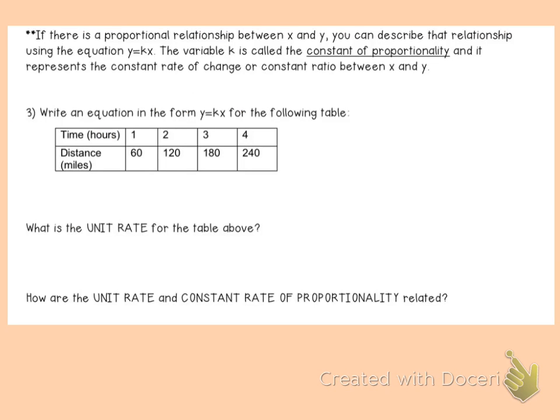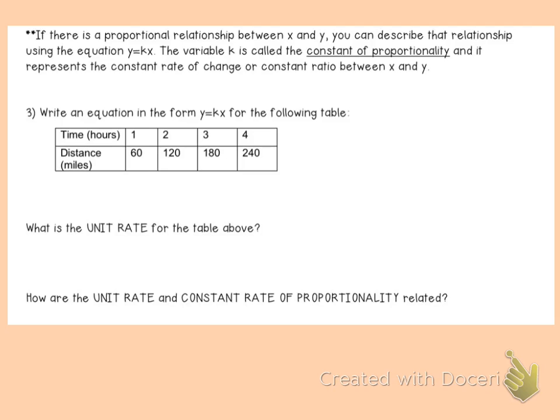Okay, if there is a proportional relationship between x and y, you can describe that relationship using the equation y equals kx. The variable k is called the constant of proportionality, and it represents the constant rate of change or constant ratio between x and y.